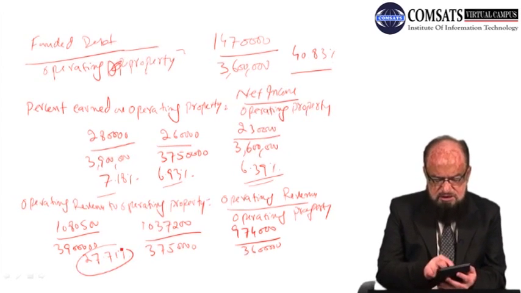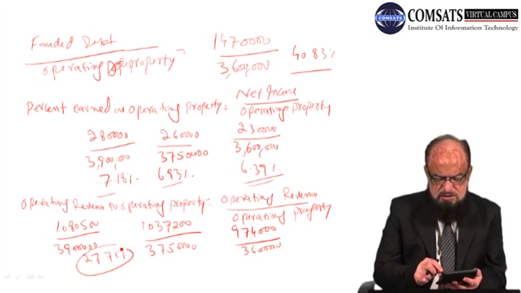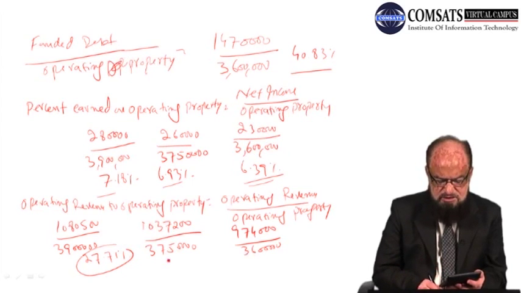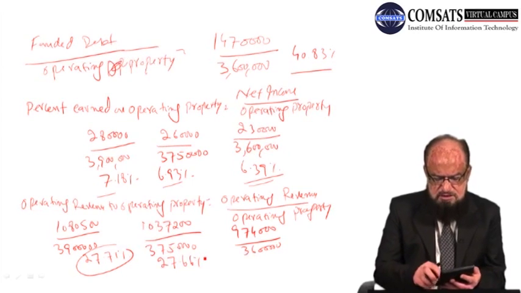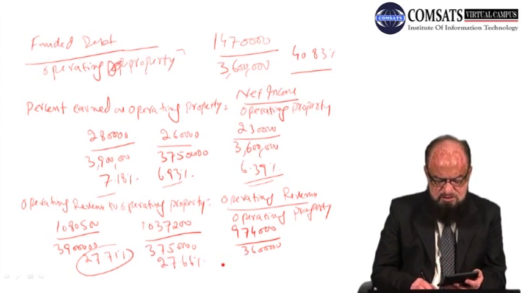Then 1,037,200 divided by 3.75 million multiplied by 100 is 27.66%. Then 974,000 divided by 3.6 million multiplied by 100 is 27.06%.